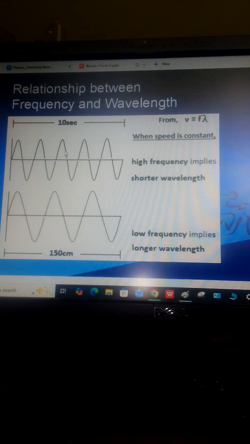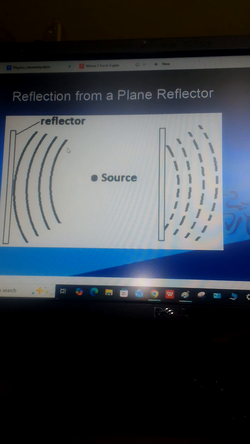If we consider electromagnetic waves, waves like ultraviolet waves and X-rays are high frequency waves, and so the wavelength is smaller. But waves like radio waves have low frequency, and therefore they have very long wavelength. So that's the relationship. Next, let's look at the reflection of waves.